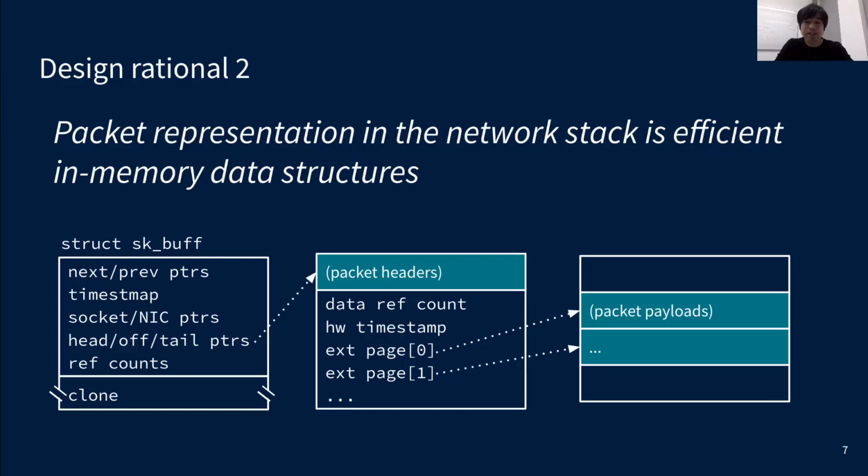This indicates the flexibility of packet metadata structures. Various pointers such as those to sockets and protocol headers are also available. Packet metadata can be replicated without copying data using a clone. A TCP sender uses this feature to keep the original metadata until the packet is acknowledged by the receiver.